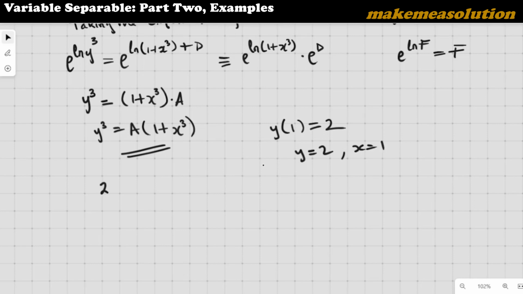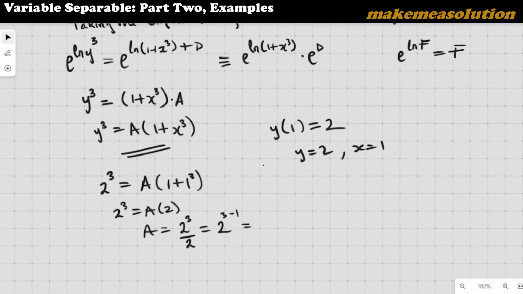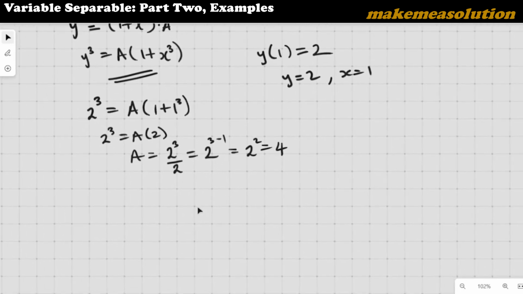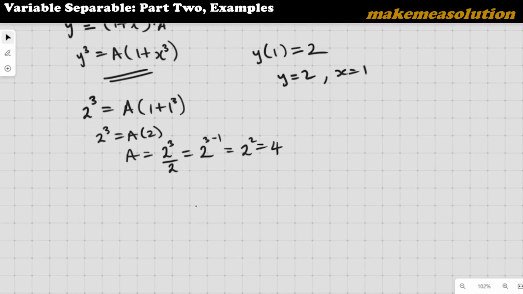So 2 cube is equal to a of 1 plus 1 cube. So 2 cube is equal to a of 2, and a is equal to 2 cube divided by 2, which is 8 over 2, which is 4.